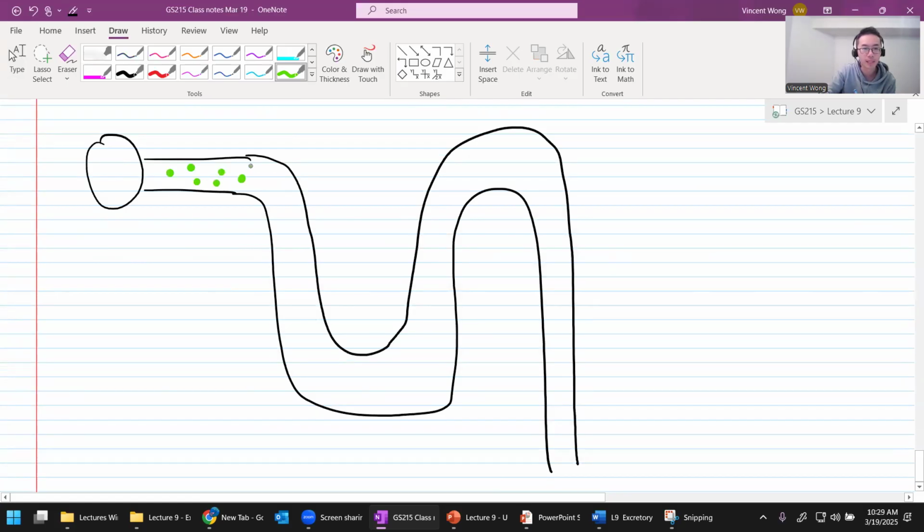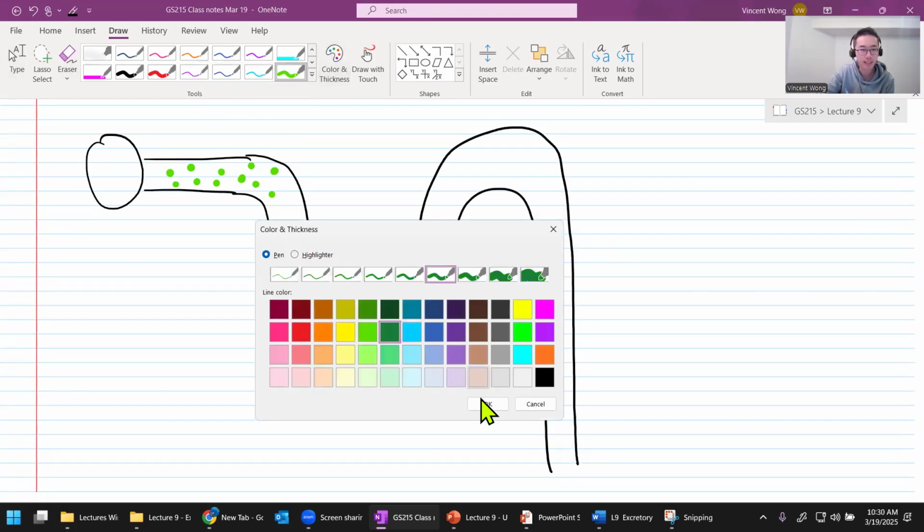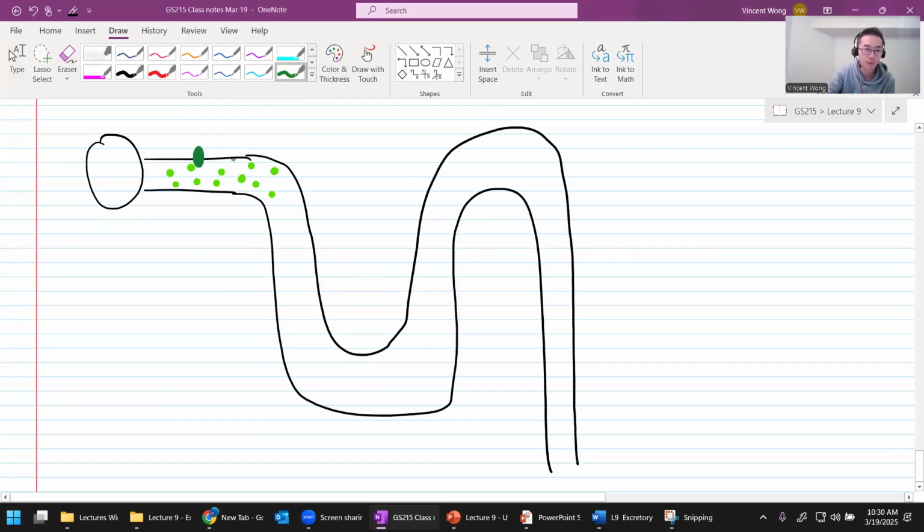So all that sugar will be in the filtrate, and you can take it back with the glucose transporter. But like I said, if all the transporters are working at full speed, you can't take all of it back, and the glucose will continue forward in the rest of the nephron.